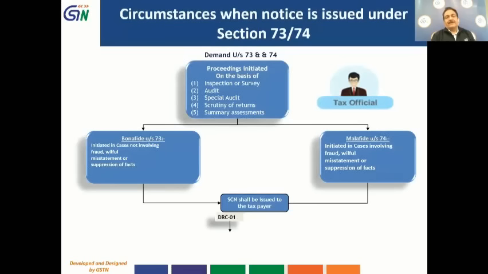In such cases, the demand notice can be issued, and its summary in form DRC-01 on the GST portal by the tax official, and the notice and its summary in form DRC-01 will be available to the concerned taxpayer at his dashboard. On the other hand, the provisions of section 74 are invoked where the notice is issued in cases where the reasons for such short payment or non-payment involve fraud, willful misstatement, or suppression of facts to evade payment of tax.